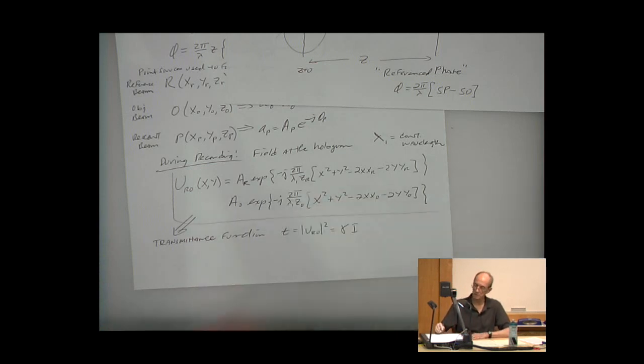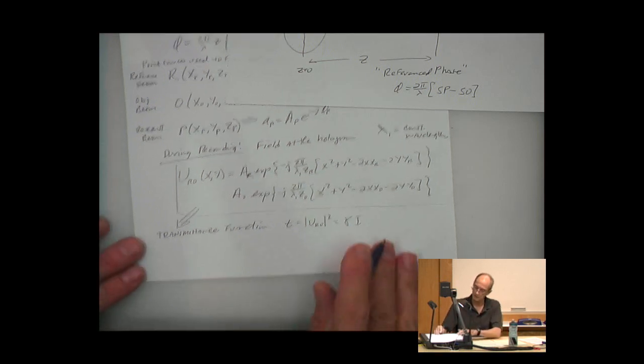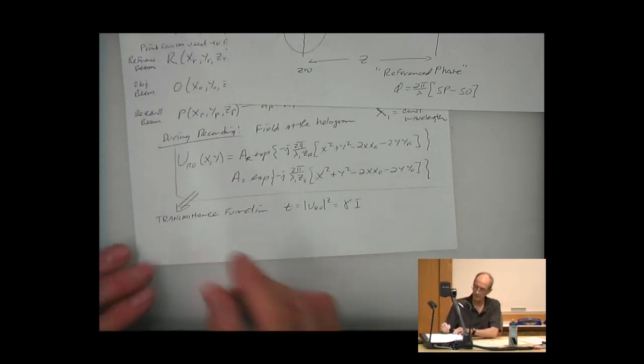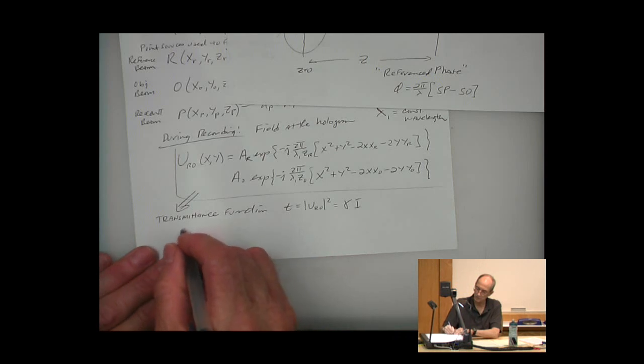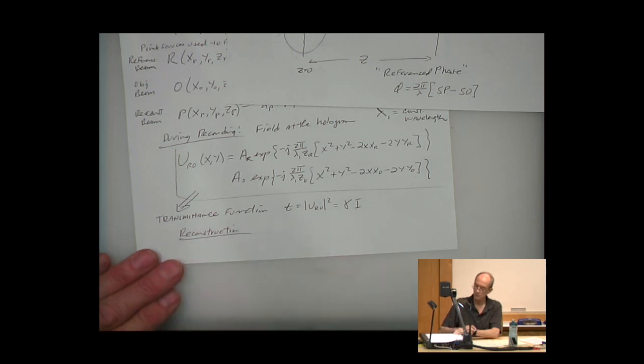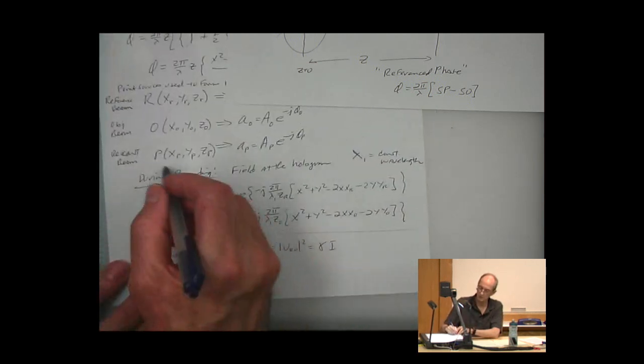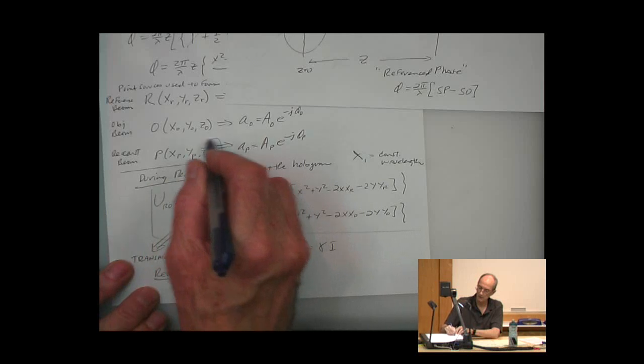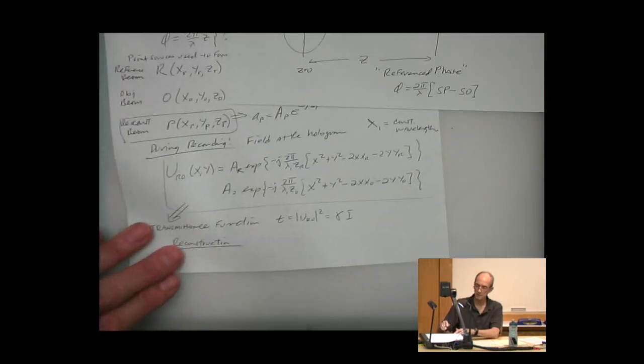So we have this interfering field on the hologram plane giving us the hologram eventually. So let's say we have the hologram. Now we're going to do a reconstruction, using this source point P.